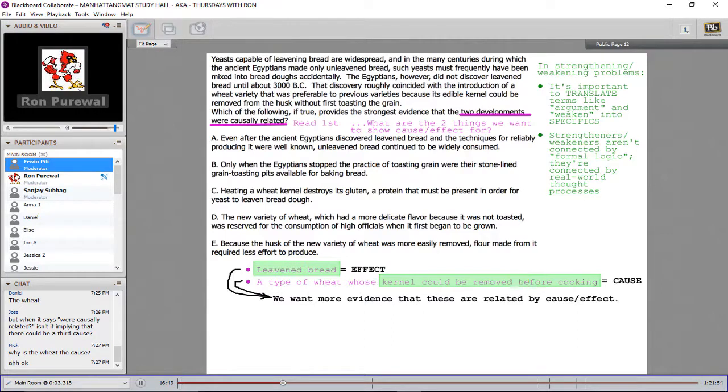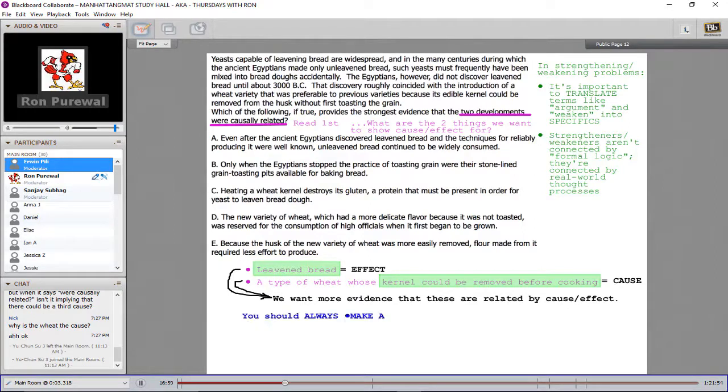Okay, so what you should do for all of these problems, like for every strengthening, weakening question, before you go to the answer choices, you should always make a specific standard for a correct answer before looking at the choices. You should always do that.